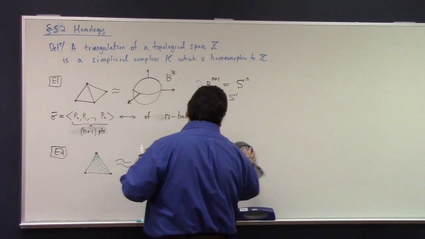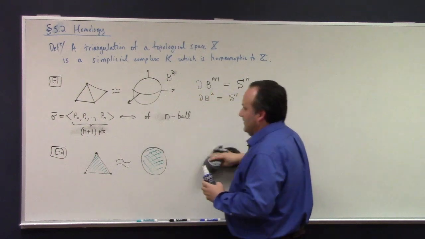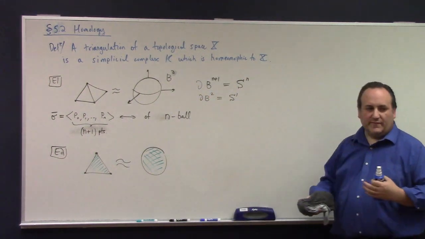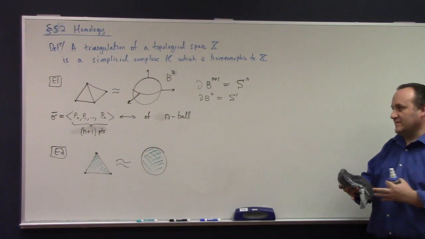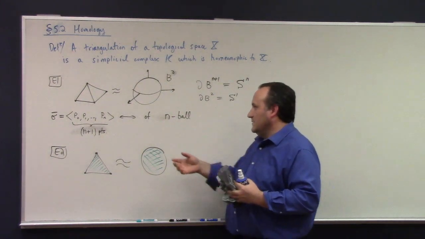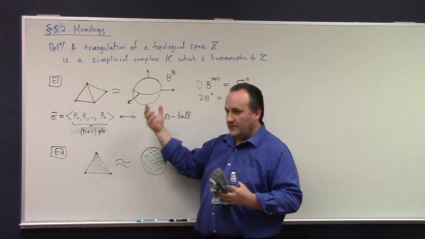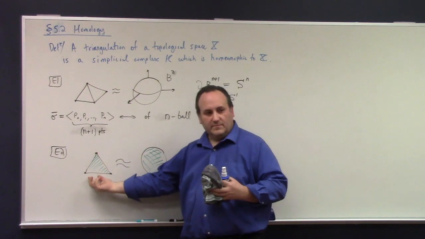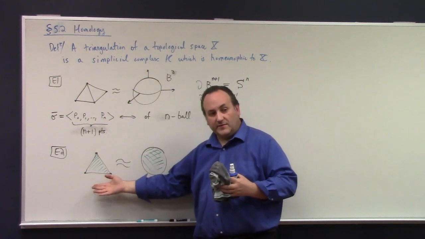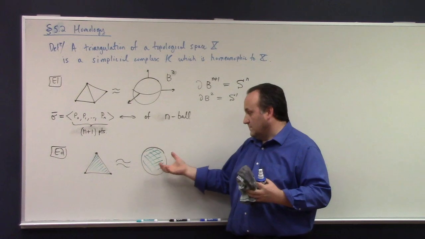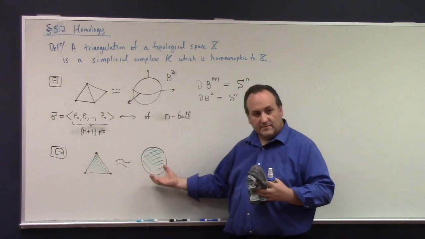So, anyway, I'm not going to prove these things are homeomorphic. I'm just saying that intuitively speaking, it's somewhat clear that the tetrahedron is homeomorphic to the 3-ball, that a shaded-in triangle is homeomorphic to the closed unit disk.